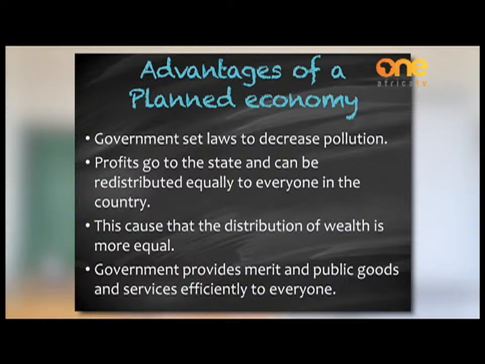And then in this economy, it is also very important to realize that they supply enough merit goods and public goods, and that they pay for all of that. It is supplied by the government, and so they supply it efficiently.